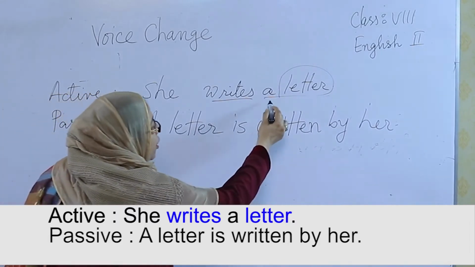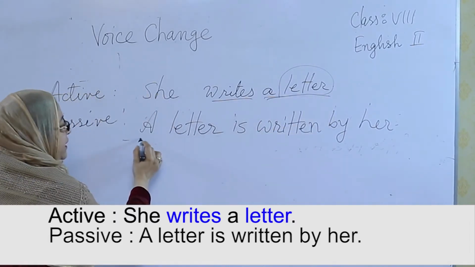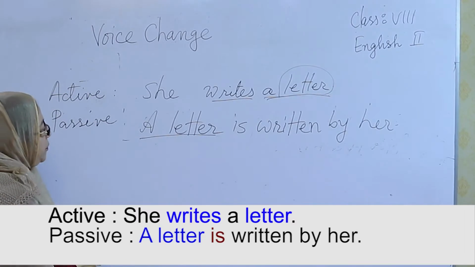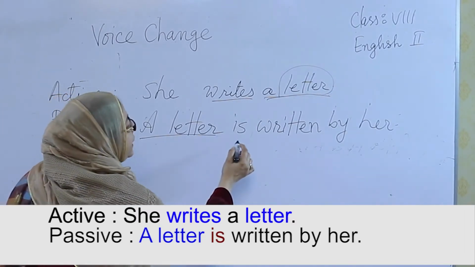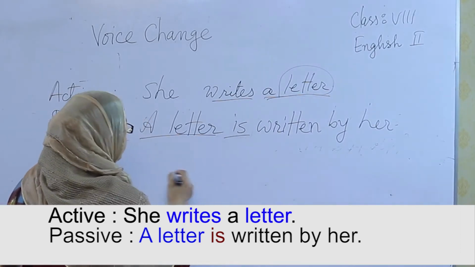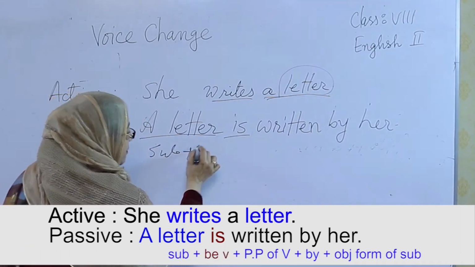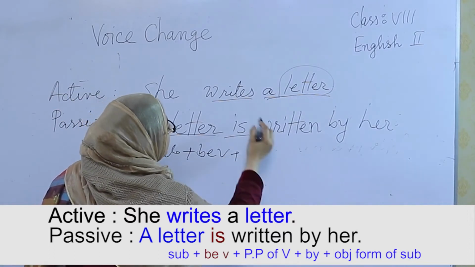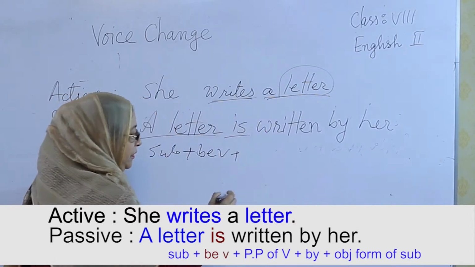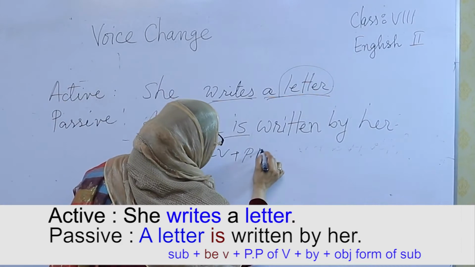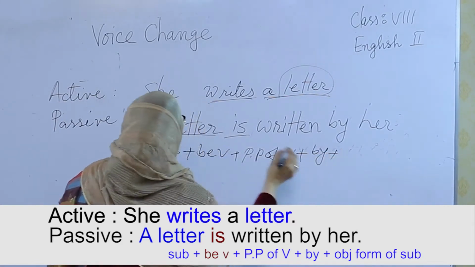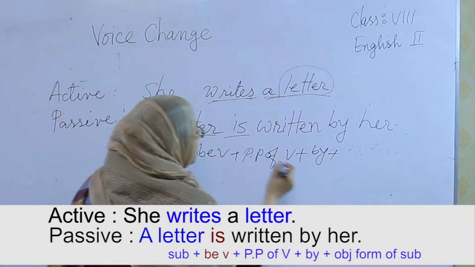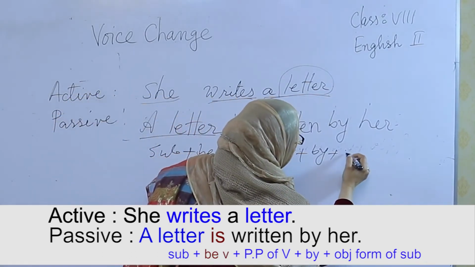The object of the first sentence, a letter, becomes subject of these sentences, and then I write be verb. Subject plus be verb plus past participle form of the main verb plus by, then the objective form of the subject.